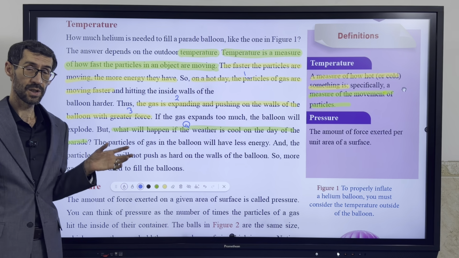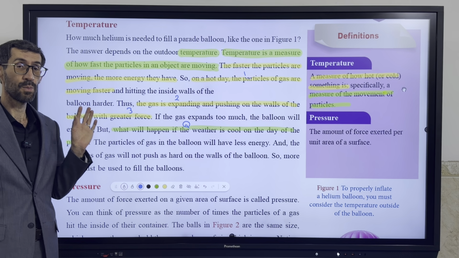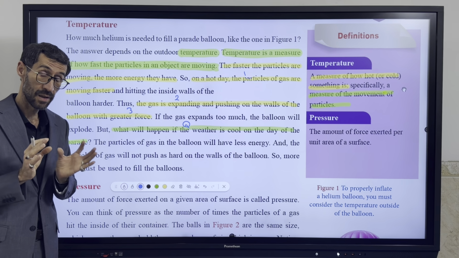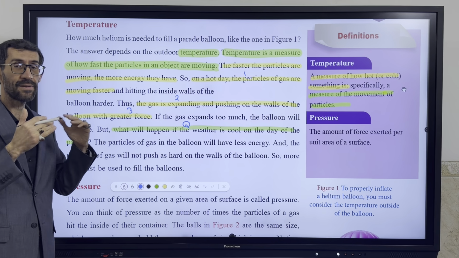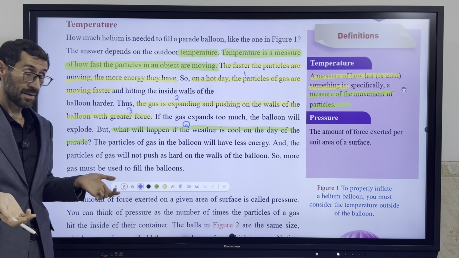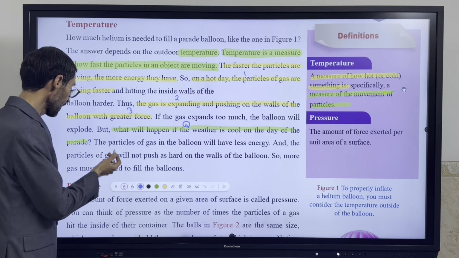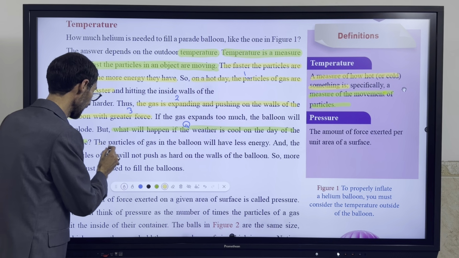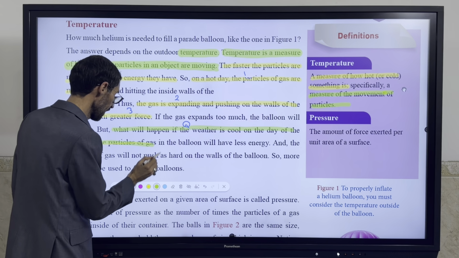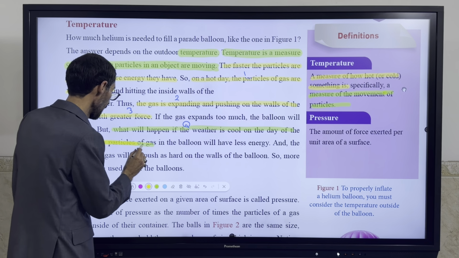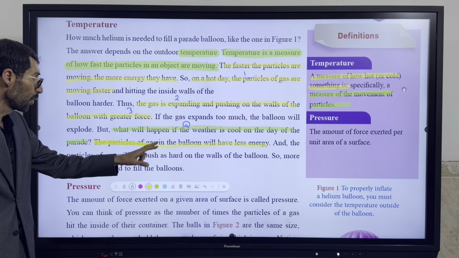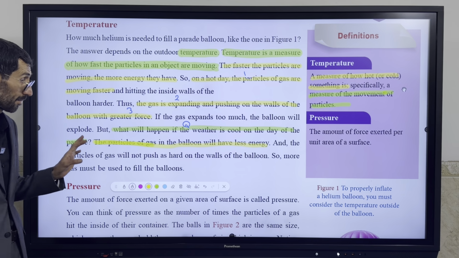On a hot day, energy increases, particles move faster, they push on the inner wall of the container with greater force. Right now, we have the opposite situation. Energy actually reduces, right? What else? So this is the first consequence: particles of gas in the balloon will have less energy.